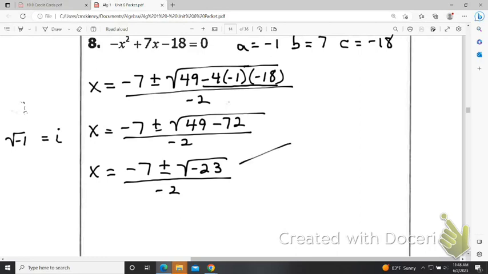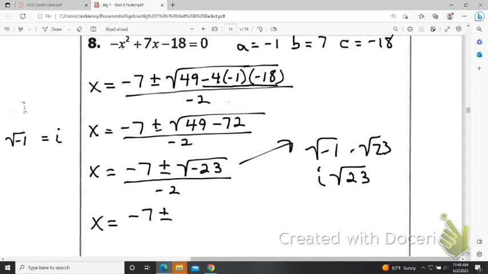So this, while it doesn't have any perfect square factors, I'm really supposed to think of it as being -1 times 23, and then that just becomes an i on the outside and 23 on the inside. So if you tried to check your answer with something and you're like, I don't know where this wacky number is coming from, I end up with -7 plus or minus i on the outside, 23 on the inside. 23 doesn't otherwise break down.